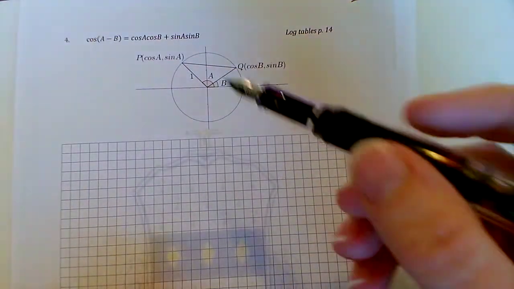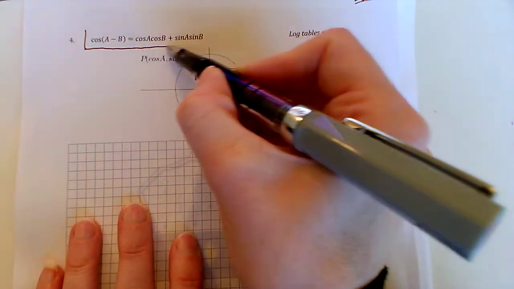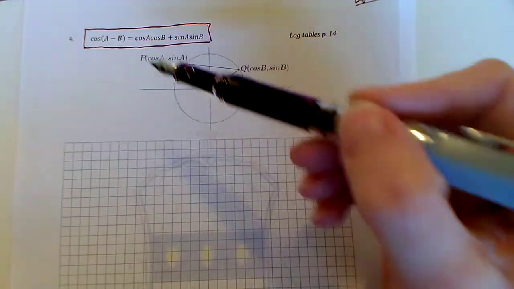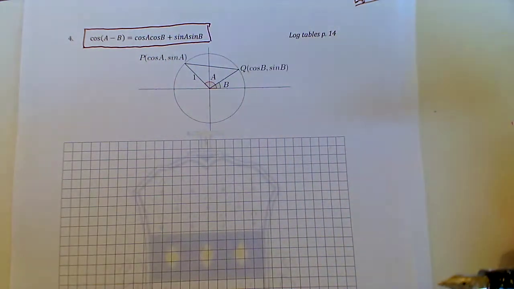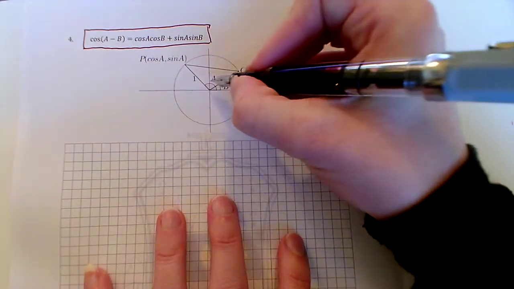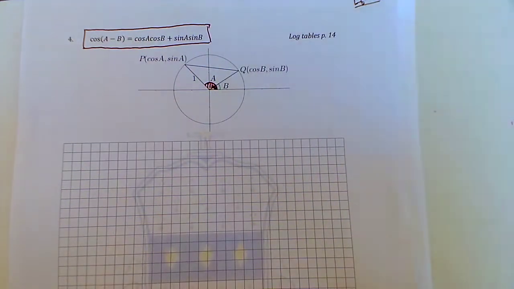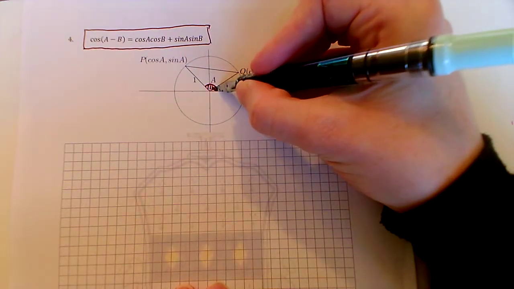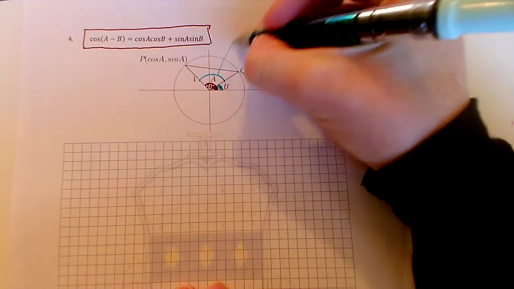The formula is cosine of A minus B. So the cosine of the difference between two angles can be written as cosine of A multiplied by cosine of B plus sine of A multiplied by sine of B. And what that means, if we look at a diagram here, is if I have an angle like this, a big angle A, all the way down like that, and a smaller angle B, then A minus B is this angle in here.